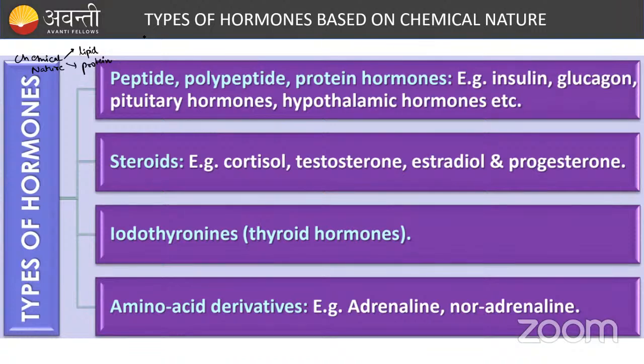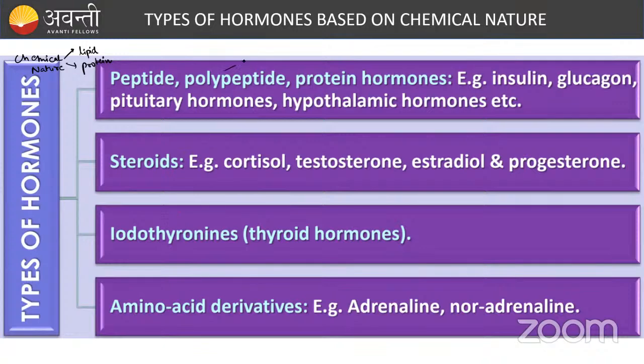Number 1 is the peptide, polypeptide, and protein hormones, for example insulin, glucagon, pituitary hormones, hypothalamic hormones. All these are proteinaceous hormones. Second is the steroid hormones, which are cortisol, testosterone, progesterone, estradiol. The third is the iodothyronines, which are your thyroid hormones. And the fourth is the amino acid derivatives, adrenaline or noradrenaline.